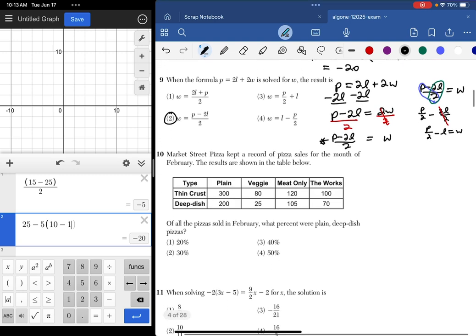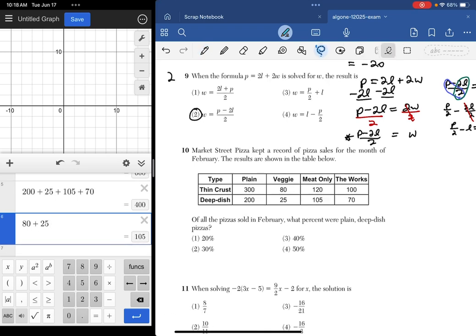For number 10, of all the pizzas sold in February, what percent were plain deep dish pizzas? So they're suggesting here that we're only concerned with the pizzas that are plain and, that's what the comma represents in this case, plain and deep dish. All right.